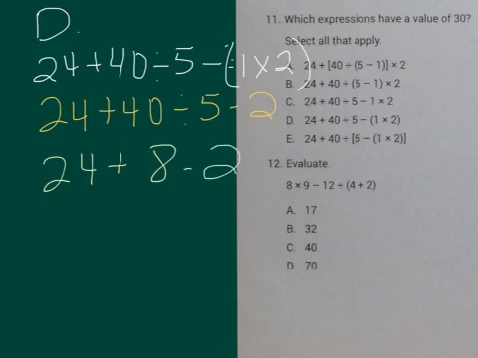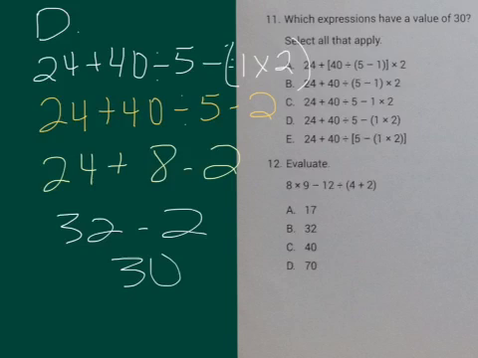So we're going to start over with our order of operations, and we're going to say 8 plus 20. Okay, so let's say 24 plus 8 is going to give us 32, and then we're going to subtract that minus 2, and that's going to give us 30. So now we know that C and D are our correct answers.